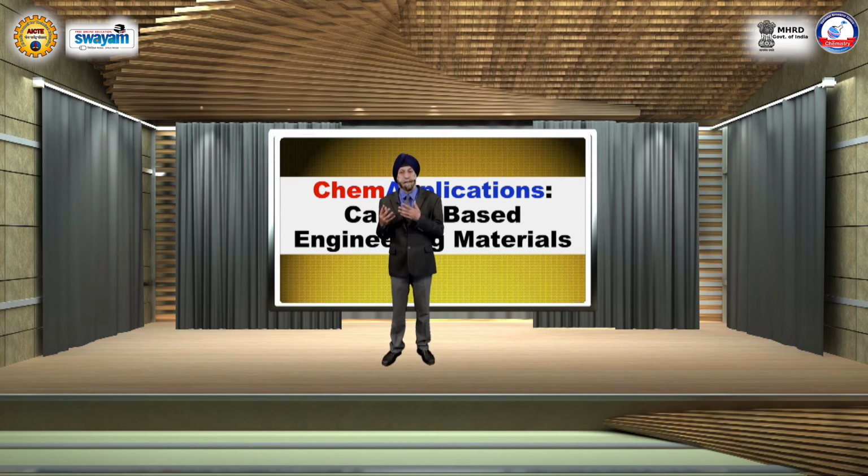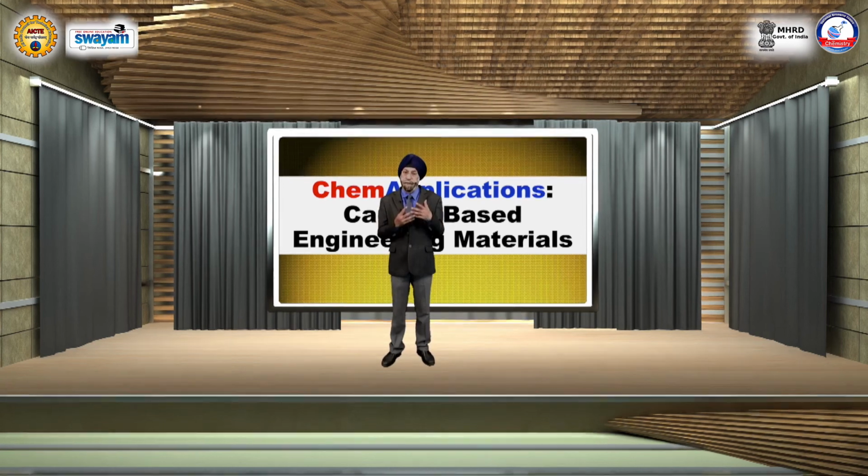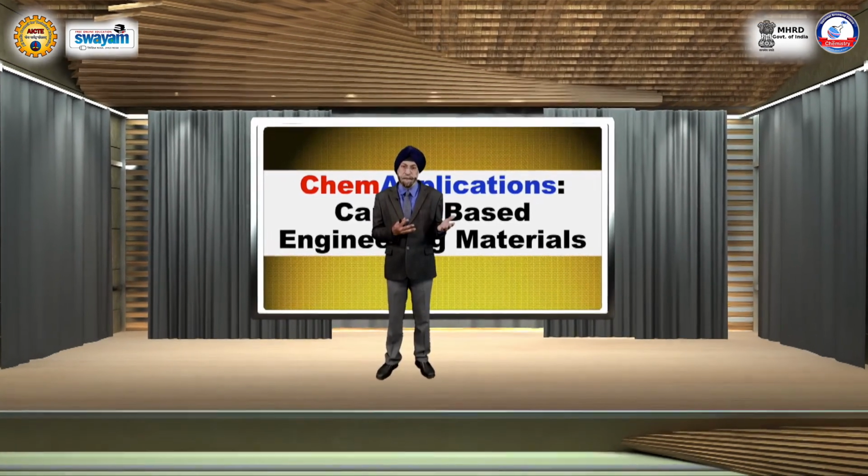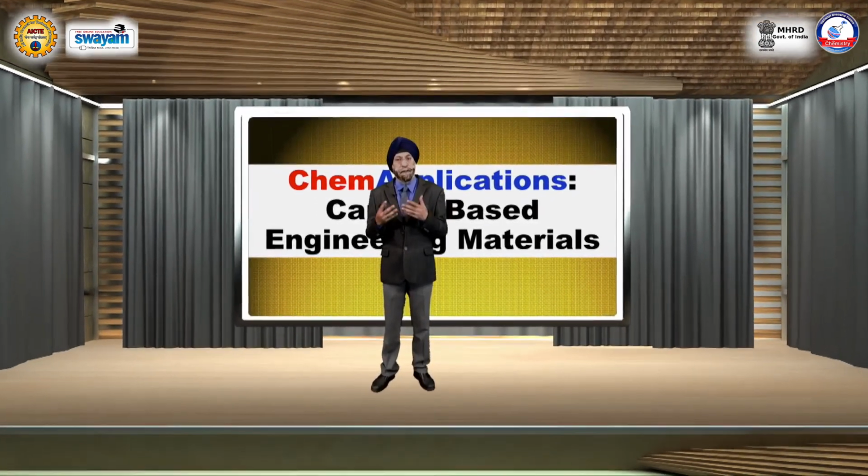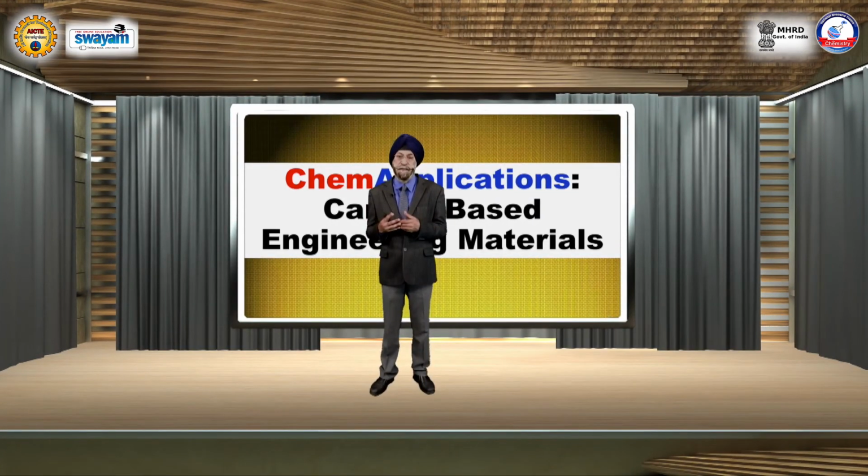Carbon plays a strong role in these engineering materials. It was an ingredient of steels, rather a large number of steels, some of them containing only carbon and iron. They were called plain carbon steels, and others had a few other elements like manganese and chromium in addition to iron and carbon.